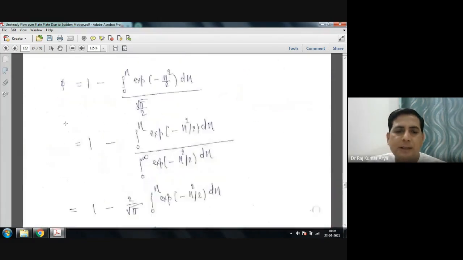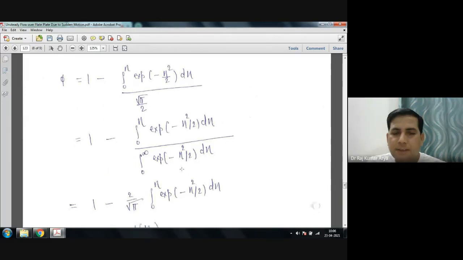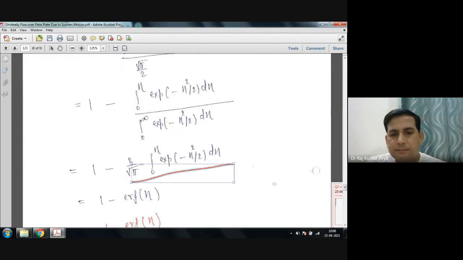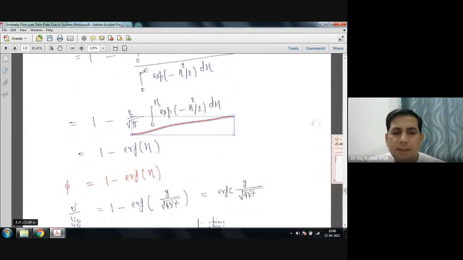If you substitute that, you will get phi equal to 1 minus this whole term, which is treated as the error function. So your phi comes out to be 1 minus error function of eta. Okay. Yes, sir.